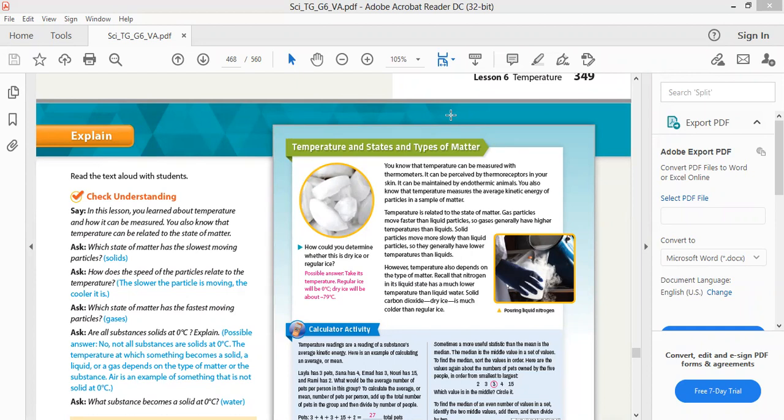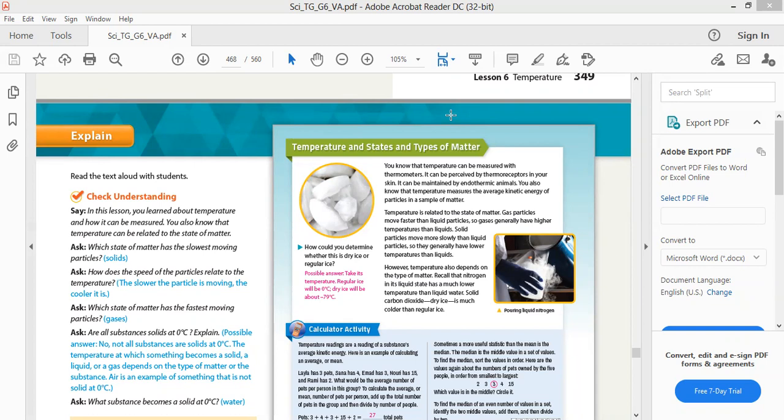Let's take an example. I have an ice cube, water ice cube, or liquid water, or steam of water. Which one of these, liquid, solid or gas, will have more temperature? Karim, I'm waiting for your answer.